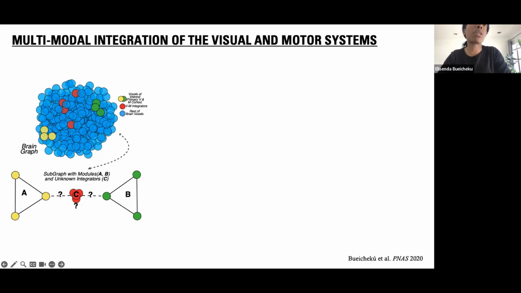And other areas of the brain will be specialized in motor processing, which are represented in green. And what we wanted to find is where are the integrators of the visual and the motor information. So in this little toy model, we have in A the visual areas, and in B the motor areas, and C is what we wanted to discover.